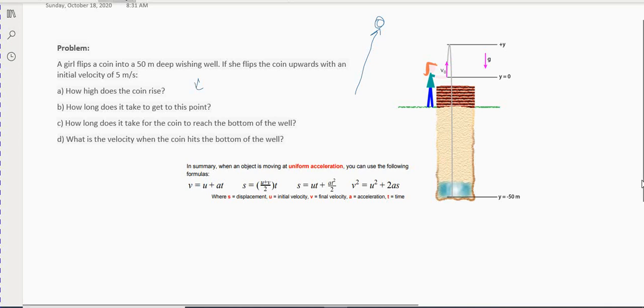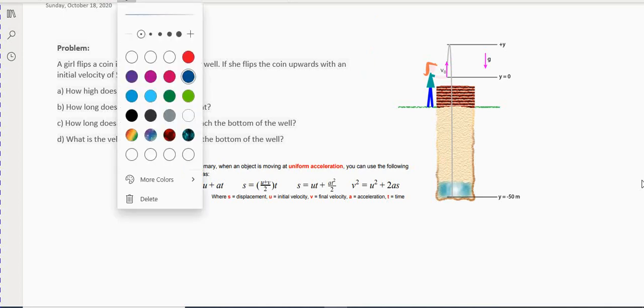And so that's what we're going to look at now. In order for us to do that, we have to look at the information that is given to us that we can easily jump to and use.